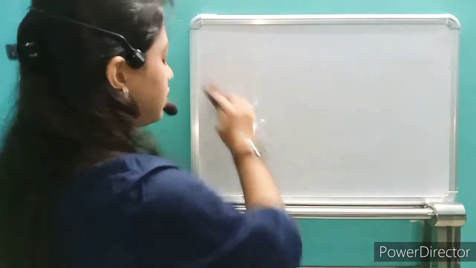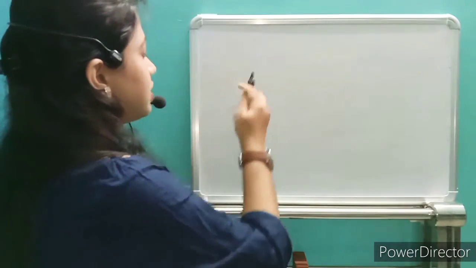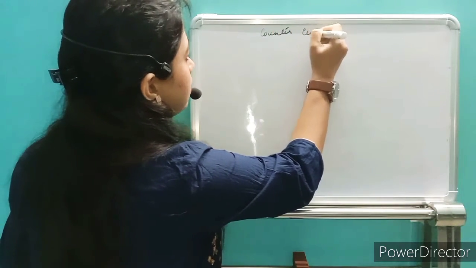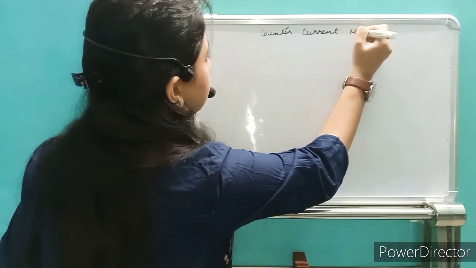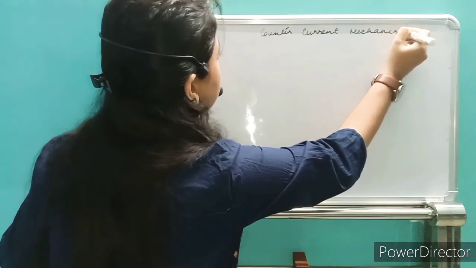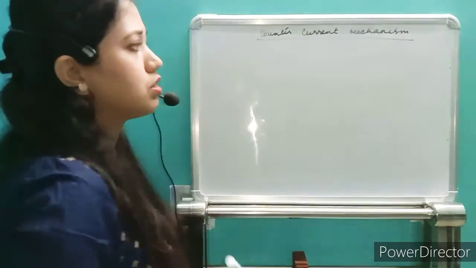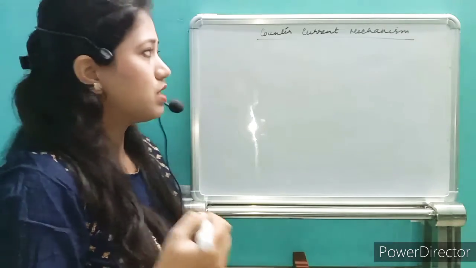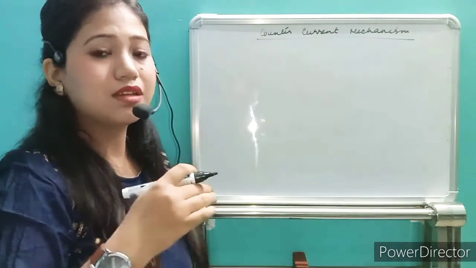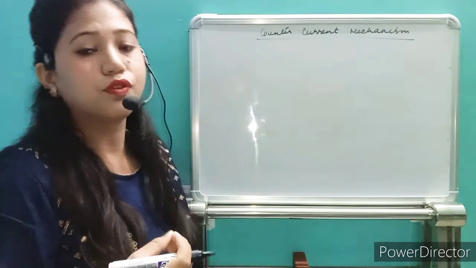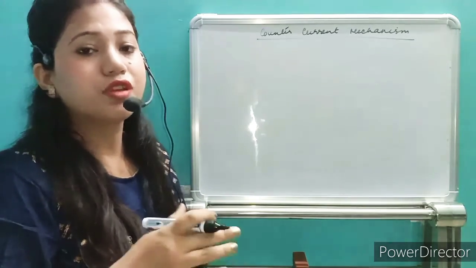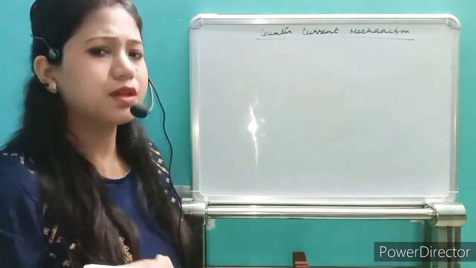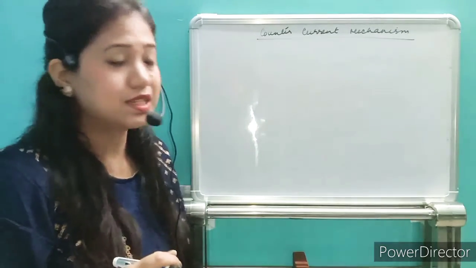So let's see what the counter current mechanism is. What is the main aim of the counter current mechanism? Whenever the blood flow or the nephric filtrate are flowing, it is occurring in the counter direction to perform some specific function.